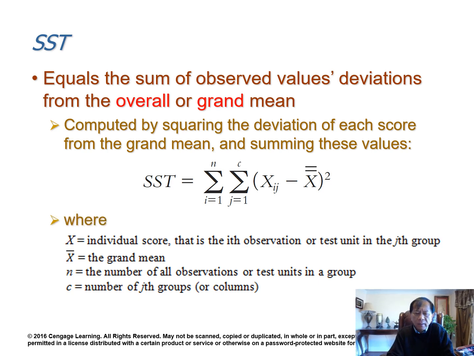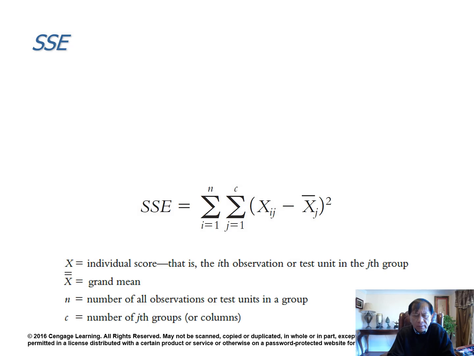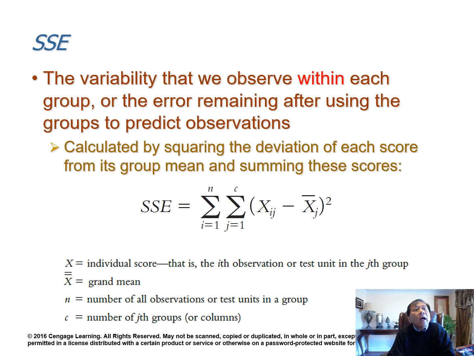Then what's SSE? SSE is the variability that we observe within each group, whatever remains after using the group to predict the observations. It's calculated by squaring the deviations of each score from its group mean and summing these, across all the columns and all the observations.